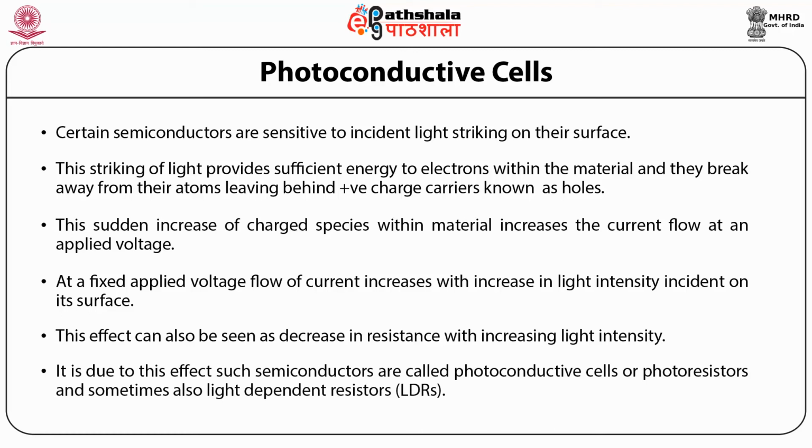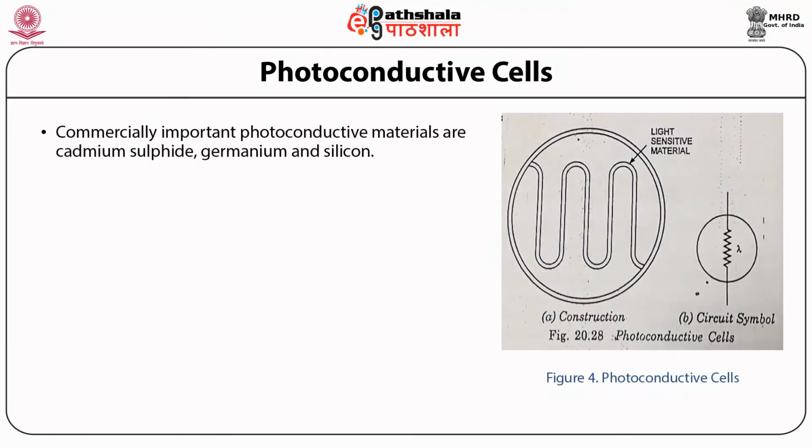It is due to this effect that such semiconductors are called photoconductive cells or photoresistors and sometimes also light dependent resistors, that is LDRs. Commercially important photoconductive materials are cadmium sulfide, germanium and silicon.